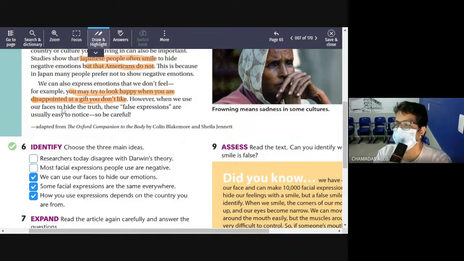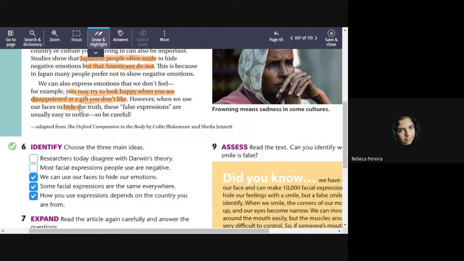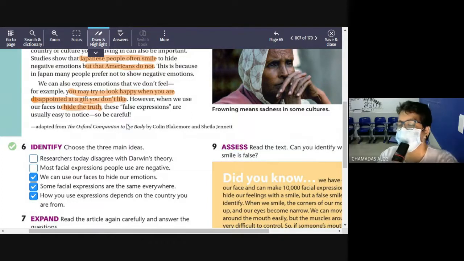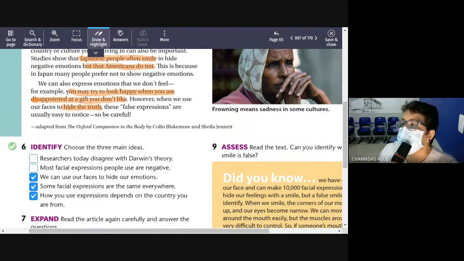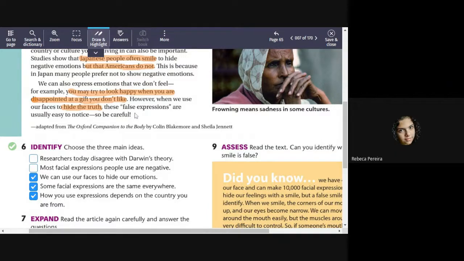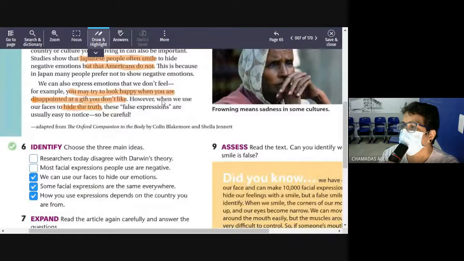It's when we use our faces to hide the truth.